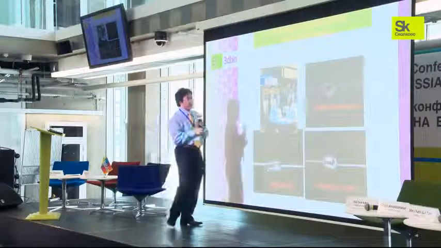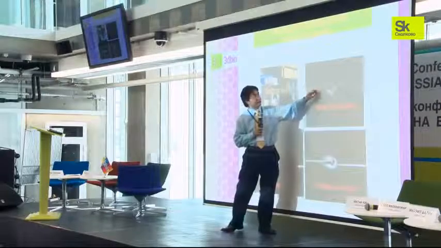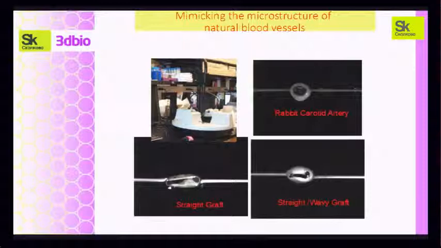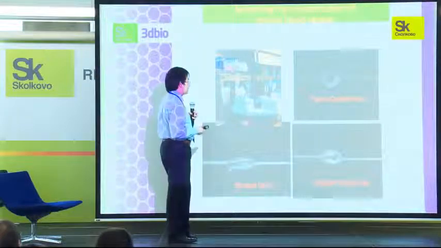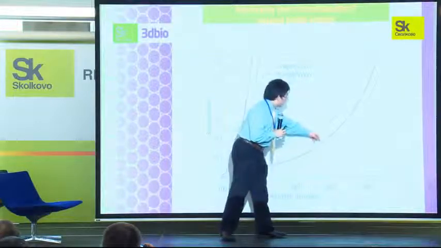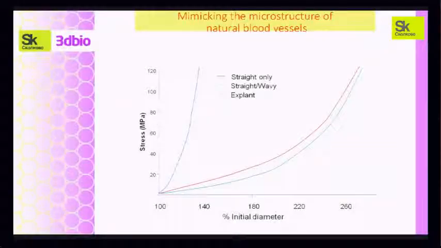So basically, if you look at the mechanical property, the rabbit carotid native artery and the one with the straight and wavy graft are still mechanically very strong during the testing, and have similar mechanical properties to the explant and the native vessels.